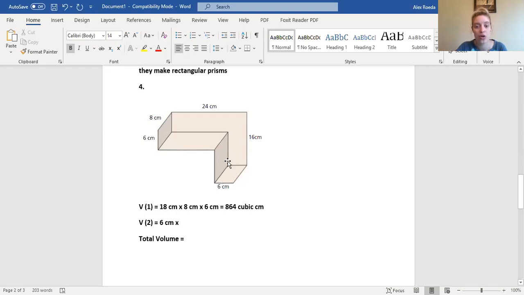I don't have a width here, but I can use this other prism to help me. If the width of this prism is 8, the width of this prism is 8 because we can see that they're stacked on top of each other. So this width is going to be 8. And my height is 16 centimeters.